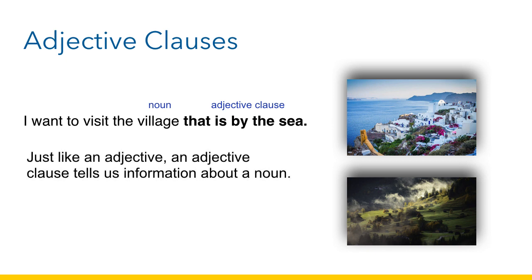Just like an adjective, an adjective clause tells us information about a noun. In this case, it's telling us about the village. It's telling us which village. An adjective clause comes after the noun that it modifies. This is different from just regular adjectives.